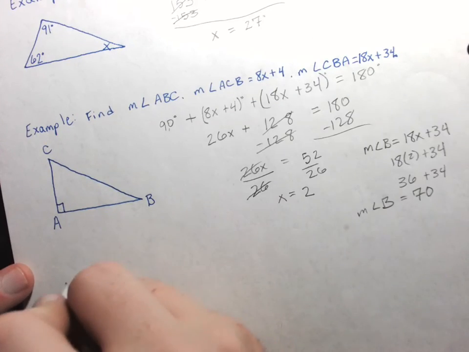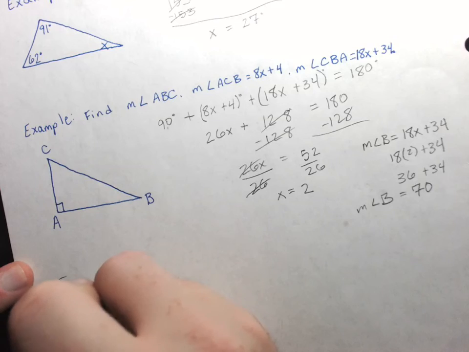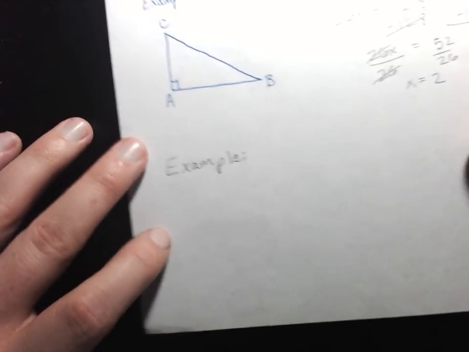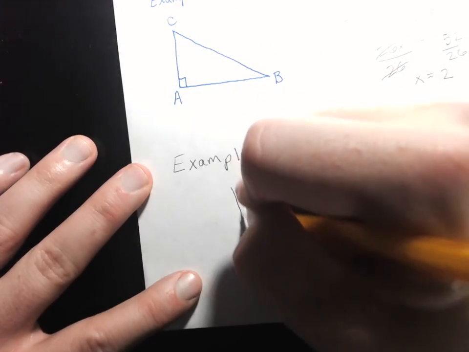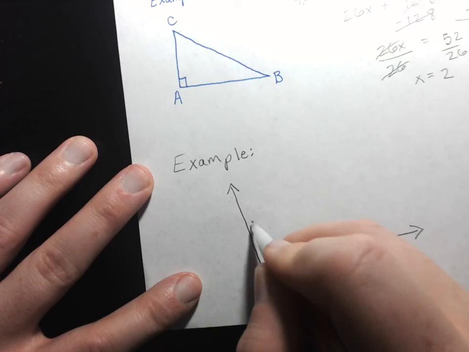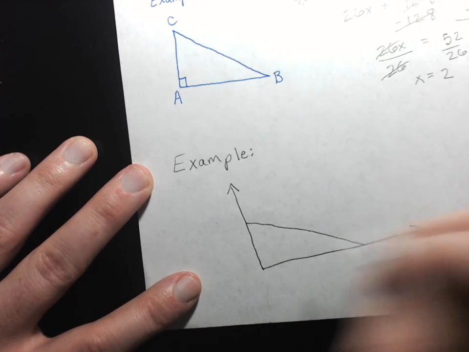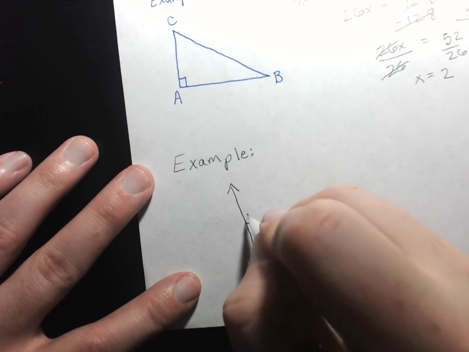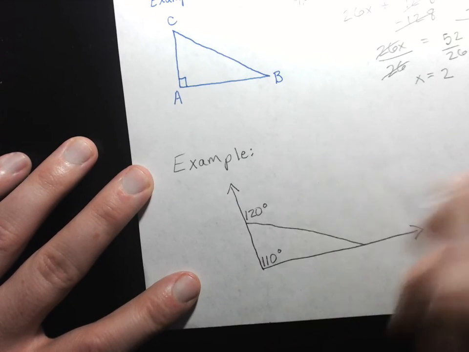Let's look at a couple of examples now, or at least one where we'll have a triangle that deals with an angle outside the triangle. So notice the triangle. Let's say that this is 110 degrees. Let's say that this is 120 degrees.